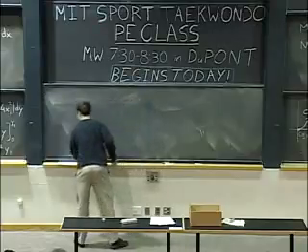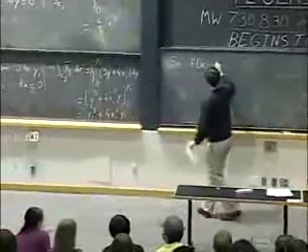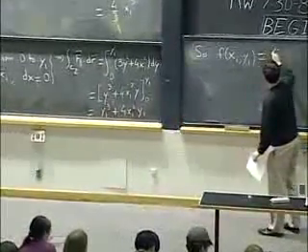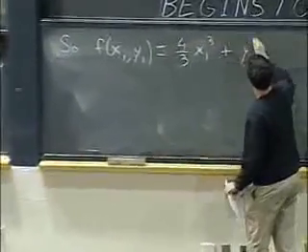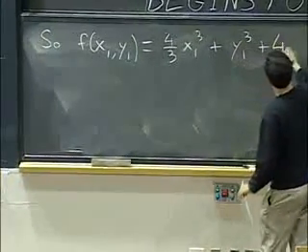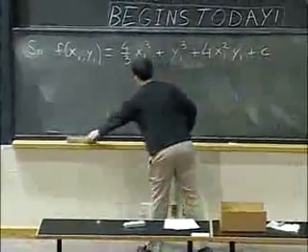So f of x1 and y1 is 4/3 x1 cubed plus y1 cubed plus 4x1 squared y1 plus a constant.